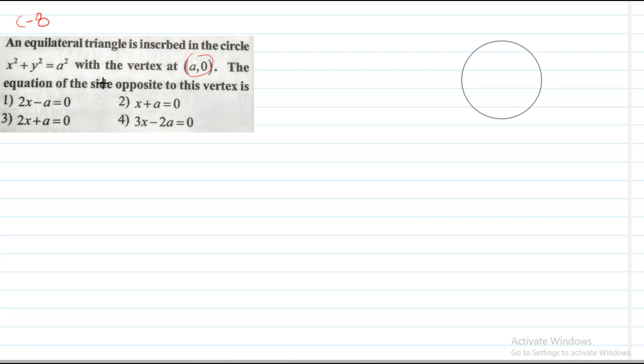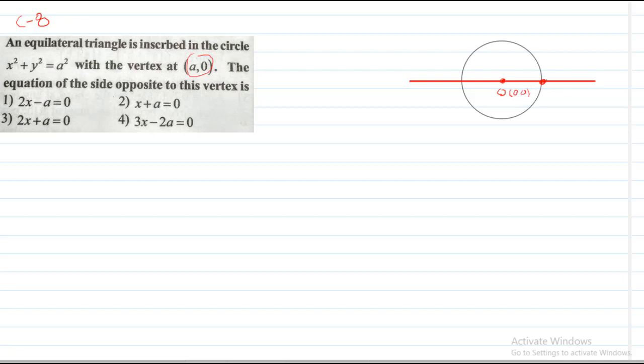The equation of the side opposite to this vertex a, 0, that is what we want to find. So first of all I want to draw the diagram. This is the given circle and this is the x-axis. Somewhere here is the center of the circle, say C or O, because the origin is 0, 0.